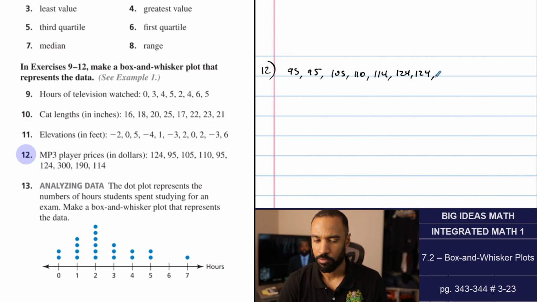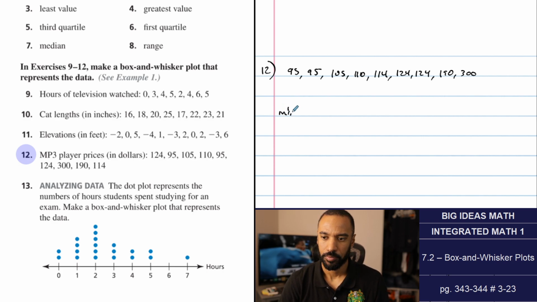That's 7 numbers so far. 2 more: 190 and 300. Also an odd number of terms here, so the middle value will be the median. That is the 5th term.